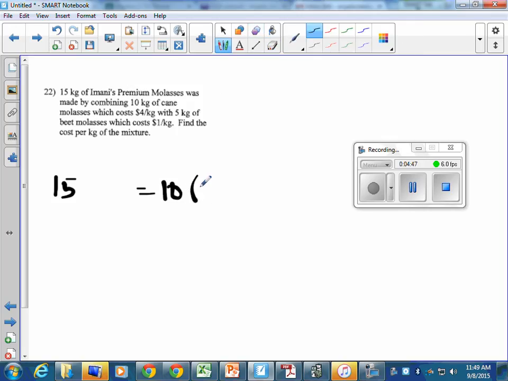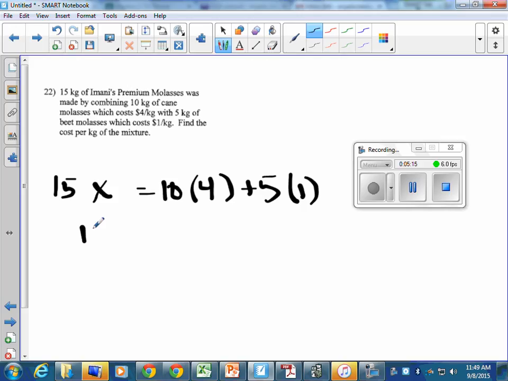So I'm going to take 10 kilograms of the $4 a kilogram molasses, and I'm going to mix that with 5 kilograms of the $1 a kilogram stuff. What I want to know is what is the price for the 15 kilograms that I end up with? What is the price per kilogram of the mixture?